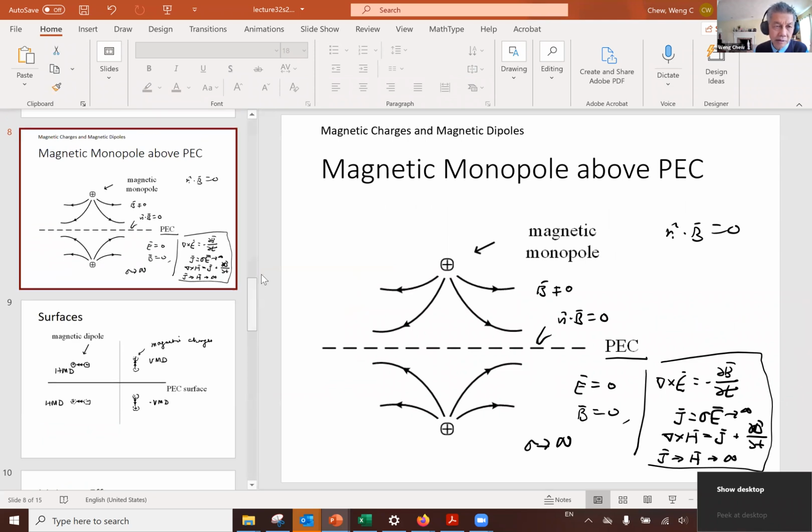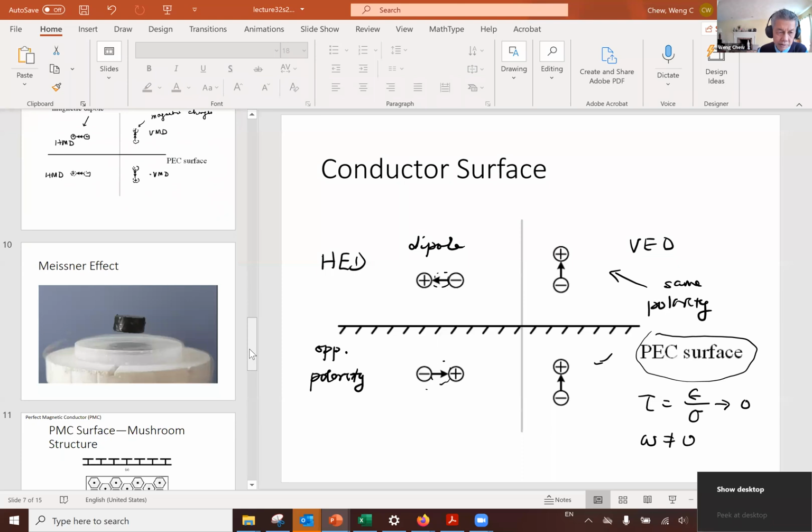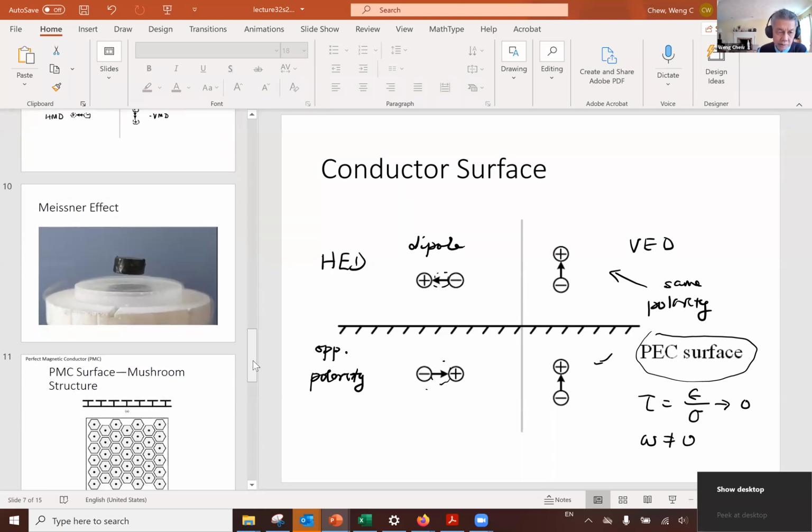Let me go and revisit that. For an electric dipole, the horizontal electric dipole reflects to something that is negative of itself, whereas the vertical electric dipole reflects to something that is the same as itself over a PEC surface. I just want you to remember these two very important points.